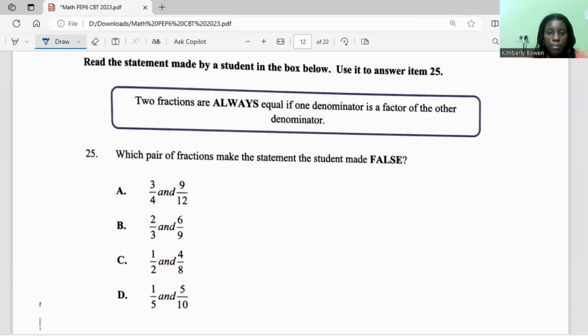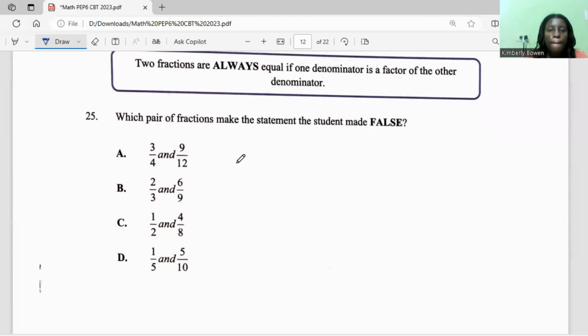Okay. Let's look at this: 2/4 and 9/12. 4 is a factor of 12.